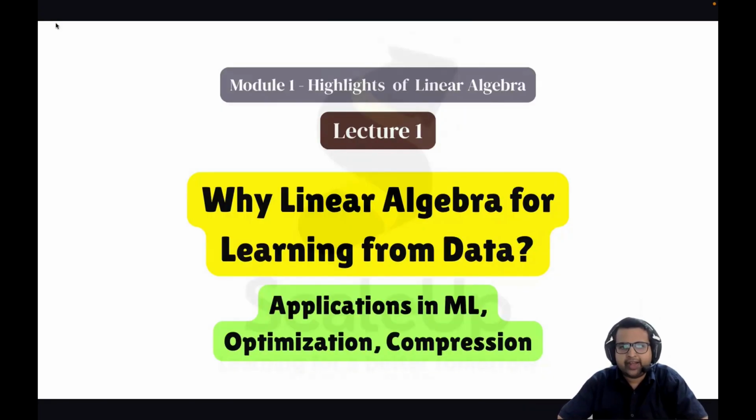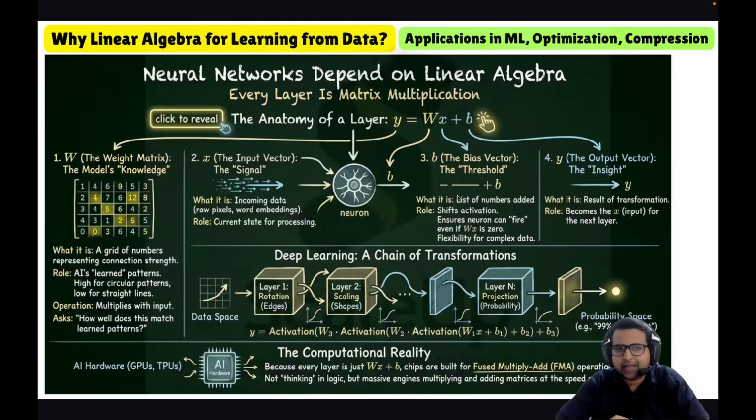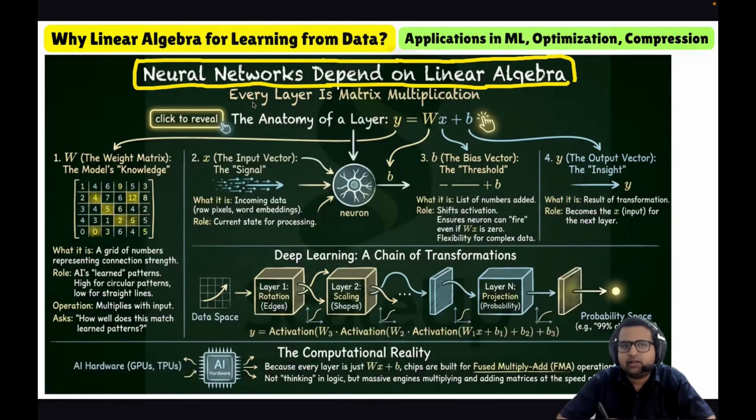Applications of linear algebra in machine learning, optimization, and compression. Now we will discuss these applications. Neural networks depend on linear algebra. Every layer in a neural network is matrix multiplication.